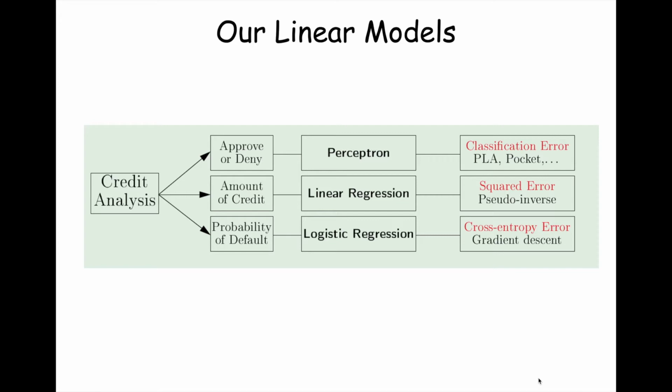Just by changing various aspects of our anatomy of a learner, we can get pretty different and more sophisticated types of behavior out of our simple linear model. And so the linear model is a great building block.